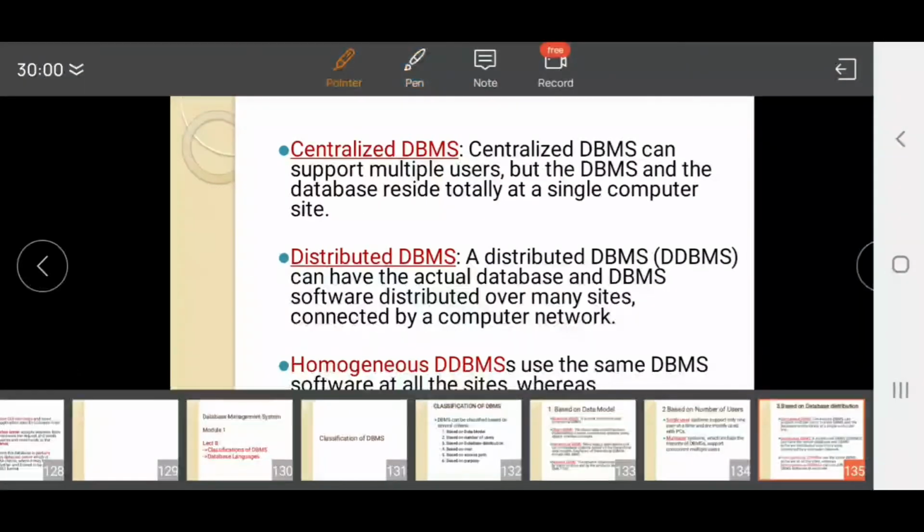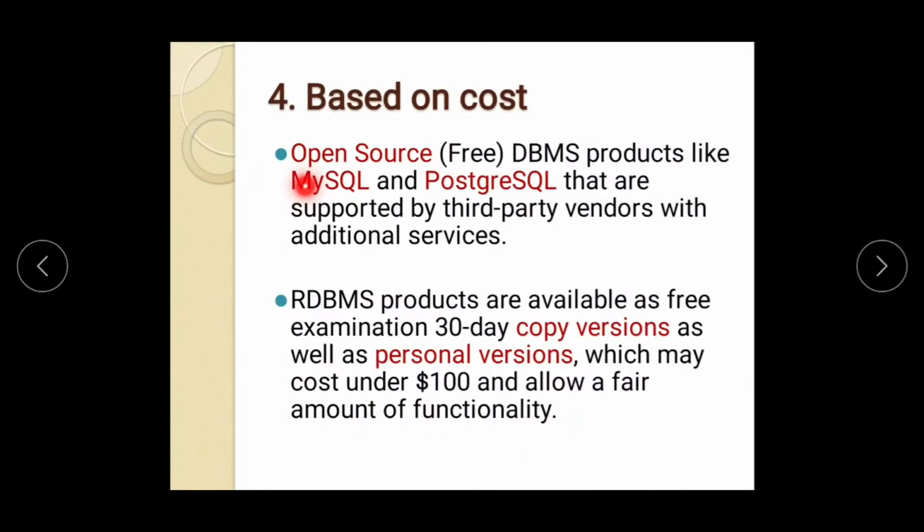Now the third classification is based on the cost. Database management systems are actually freely available. Free open source systems are there. Examples of such systems are MySQL and PostgreSQL. These are the open source DBMS products.